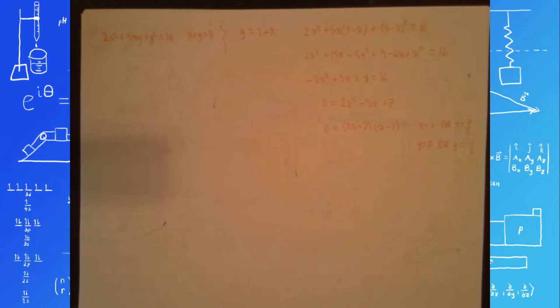I screwed up somewhere. Where did I mess up? 2 times 3.5 squared plus 5 times 3.5 times negative 1/2 plus, oh, I added the negative, I don't need that.